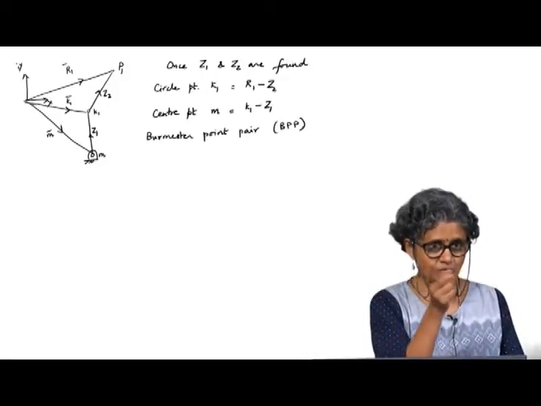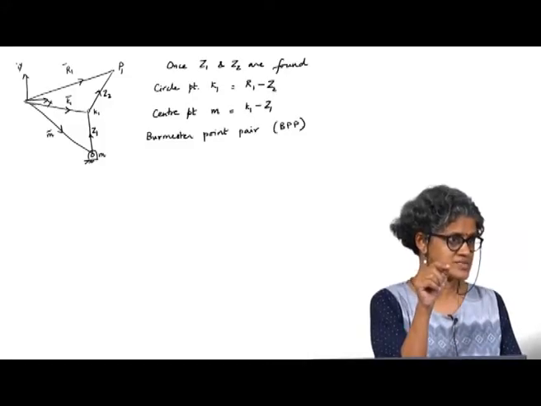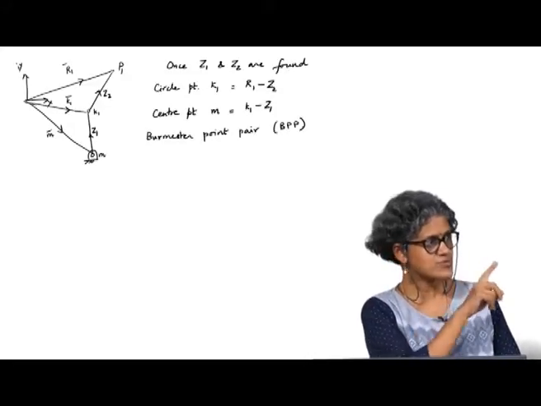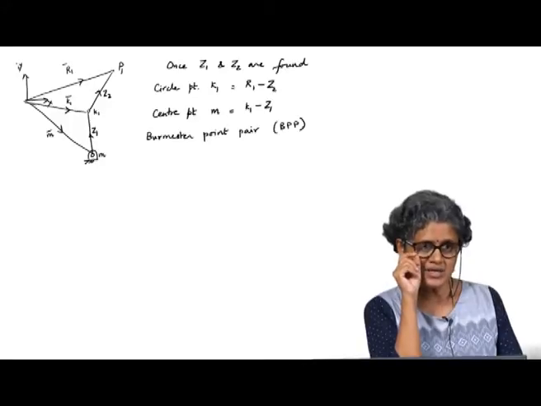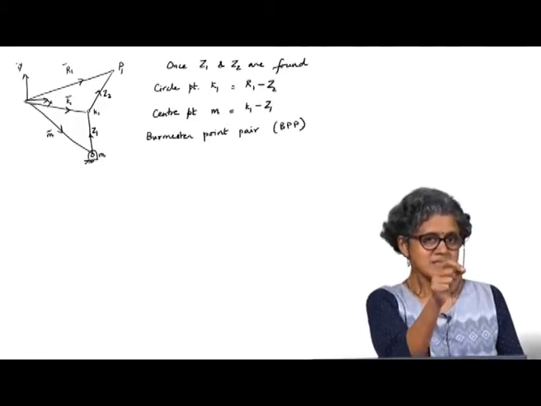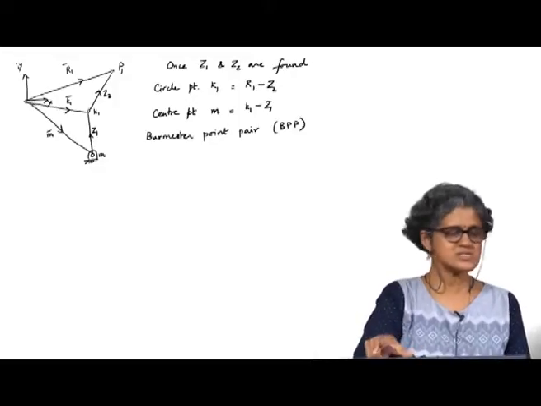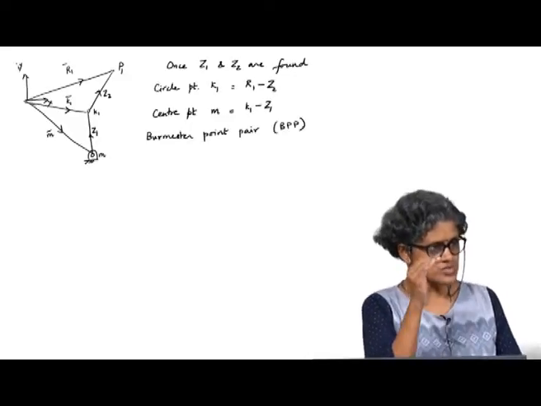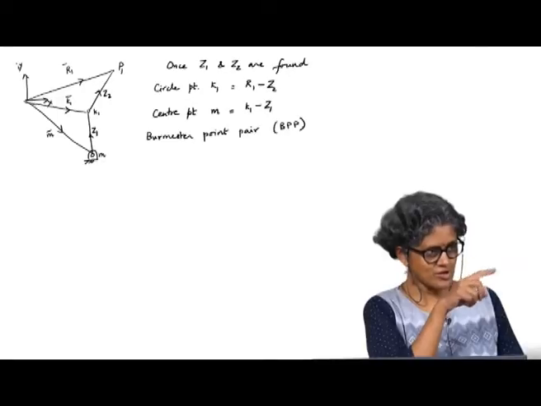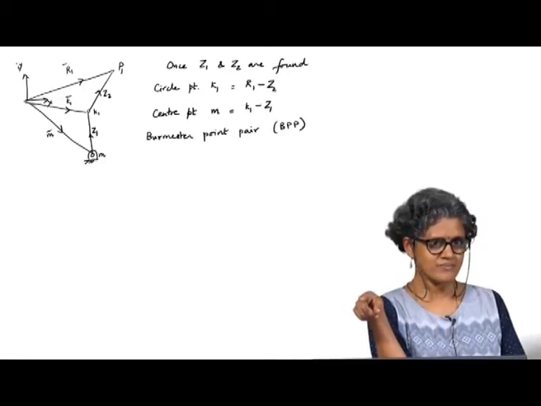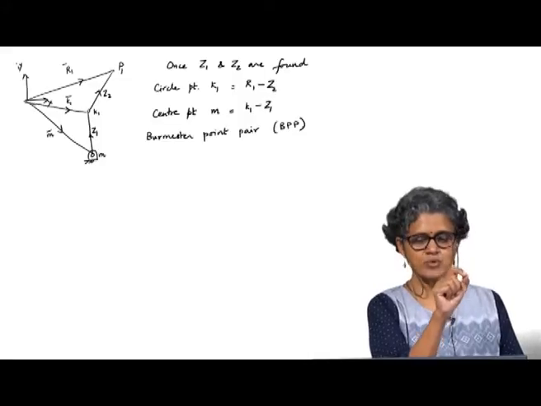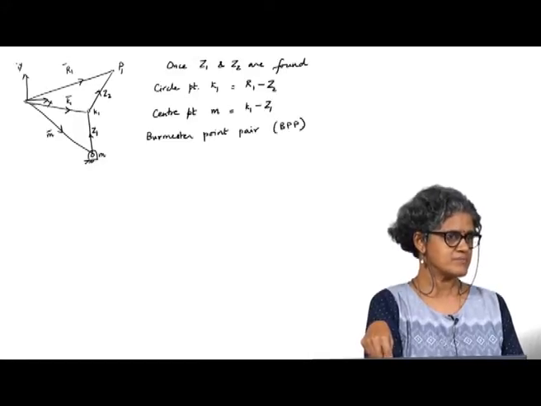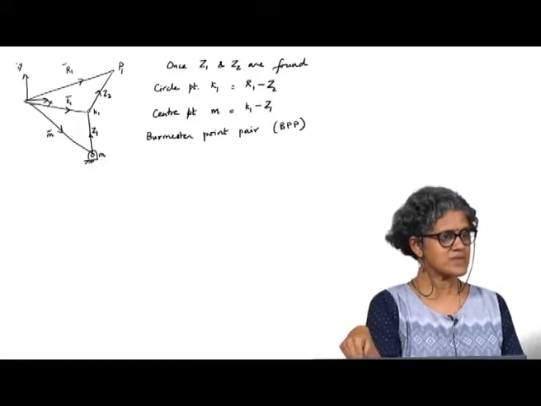So now I have the locus. If I plot all those points, I get a locus of all the possible circle points for which I can hit these 4 positions. And for each of those circle points, there is a specific center point which is determined by this relationship. Once I choose a circle point, which means I specify my K1, then M becomes completely determined, because M equals K1 minus Z1.